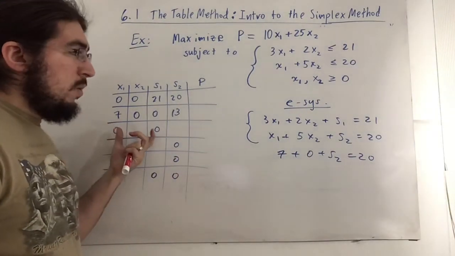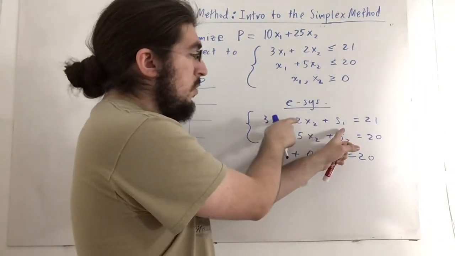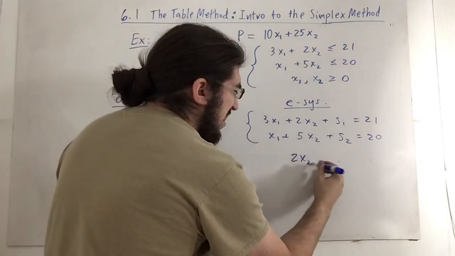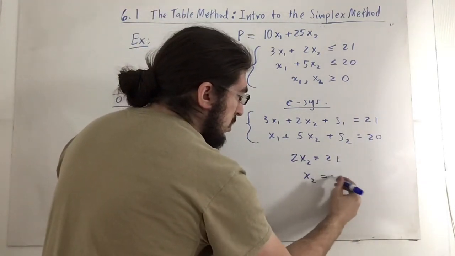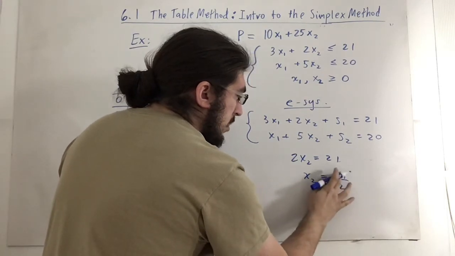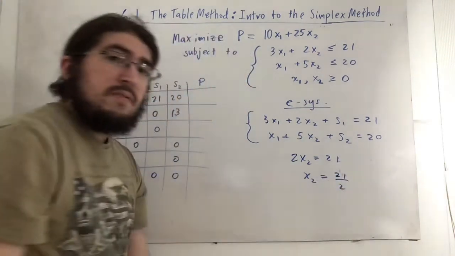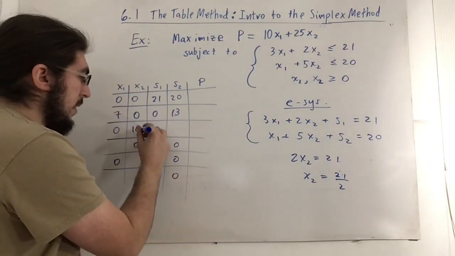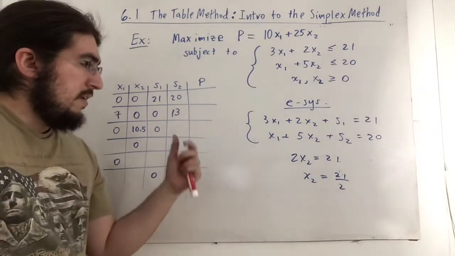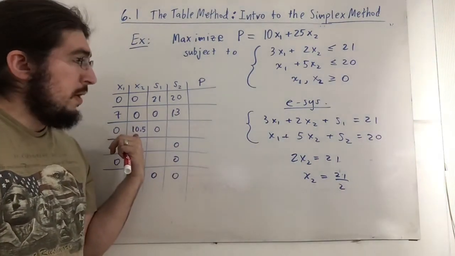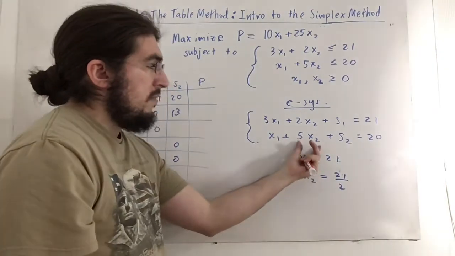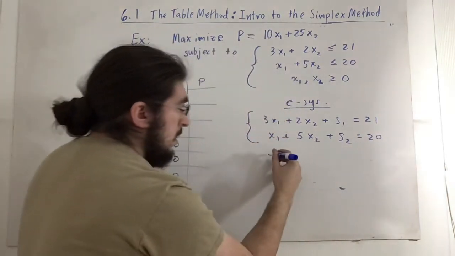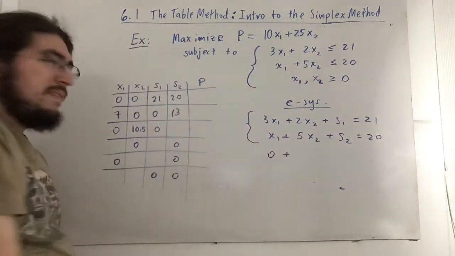When x1 and s1 are 0, then we get 2x2 is equal to 21. Then x2 is equal to 21 over 2. Now 20 divided by 2 is 10, and 21 divided by 2 is 10 and a half, so it's going to be 10.5. Now, if x2 is 10.5, then 5 times 10.5, with x1 being 0, so we'll have 0 plus 5 times 10.5.